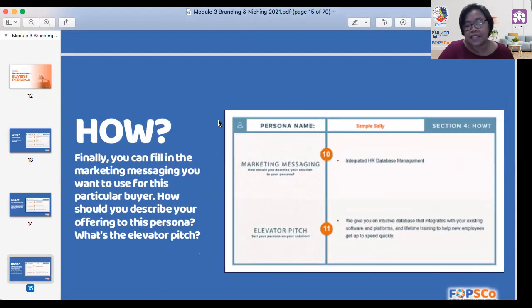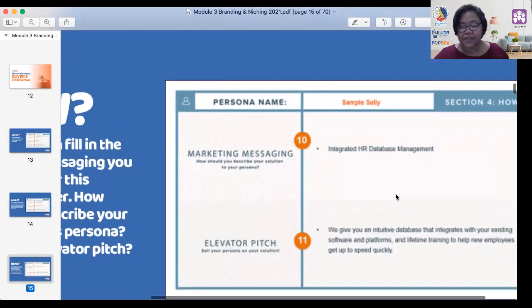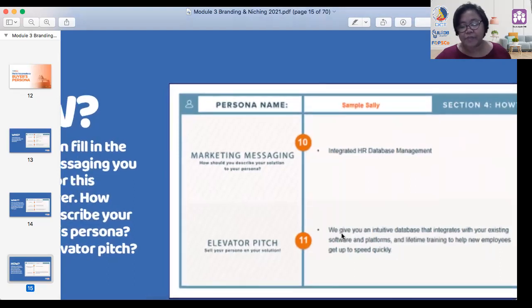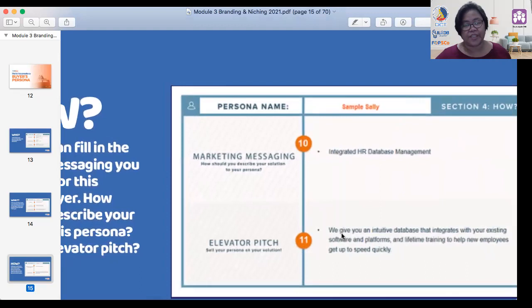So since the aim is to integrate HR database management, yung marketing messaging mo is on that kind of service and your elevator pitch. So here the example: we give you an intuitive database that integrates with your existing software and platforms, and lifetime training to help new employees get up to speed quickly.